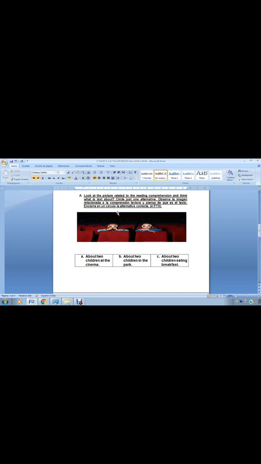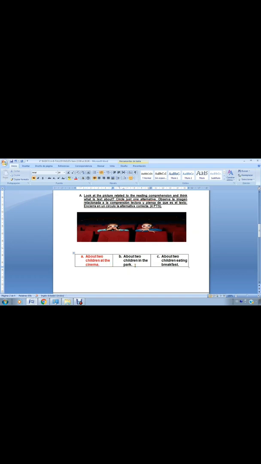So, entonces, this is the picture, esta es la imagen, and the best option, y la mejor opción, it's letter A, es la letra A, that says, que dice, about two children at the cinema, sobre dos niños en el cine.